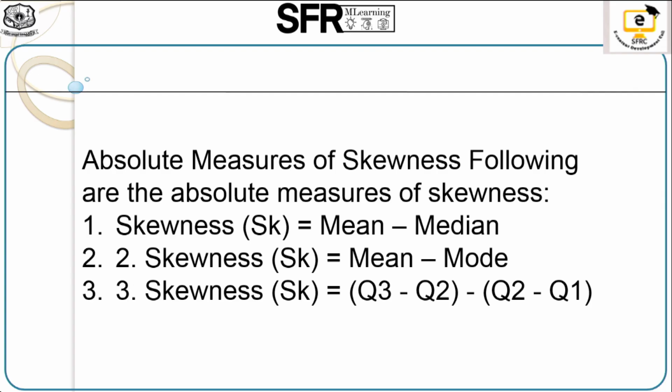Next we will see the measures of skewness, which are both absolute as well as relative. First let us know about the absolute measures of skewness. Here we denote skewness as Sk.